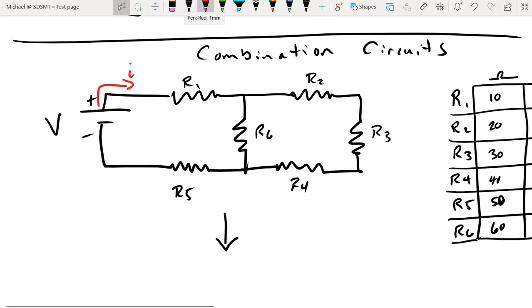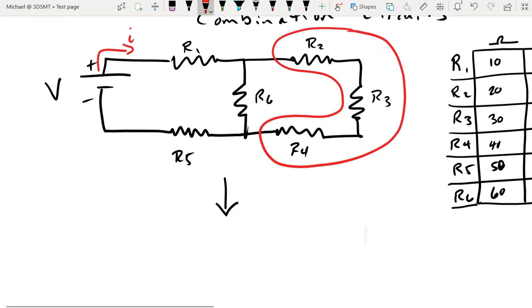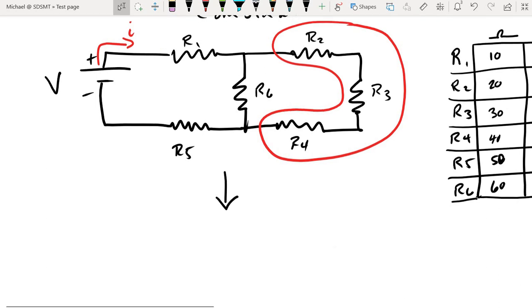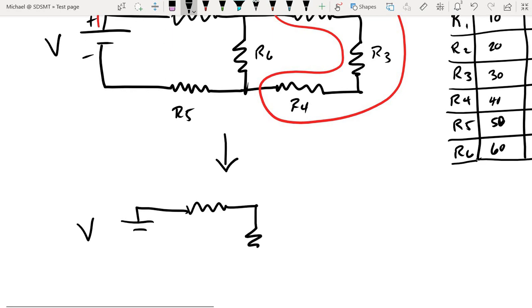However, we do have a grouping of resistors here that are connected one after another. And that is the definition of series resistors. So I'm going to take resistor 2, resistor 3, and resistor 4, and combine them into a single equivalent resistor and replace them in the circuit diagram.